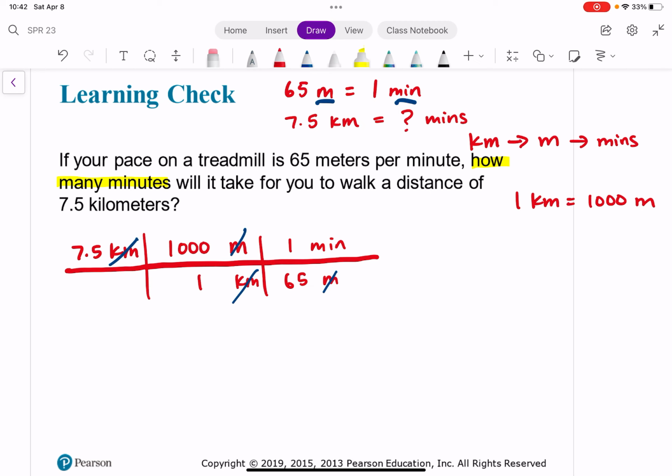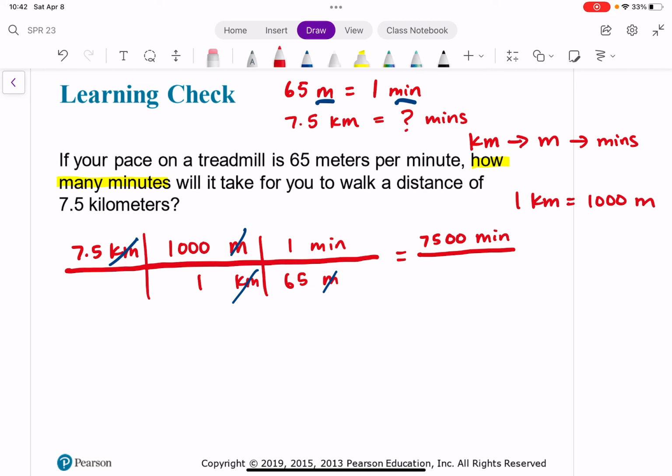Okay, so let's go ahead and carry out the calculation. Remember, we're multiplying. These are each our fractions. So we're multiplying everything on the top and then dividing by everything that's on the bottom. So 7.5 times 1,000 times 1 is 7,500.